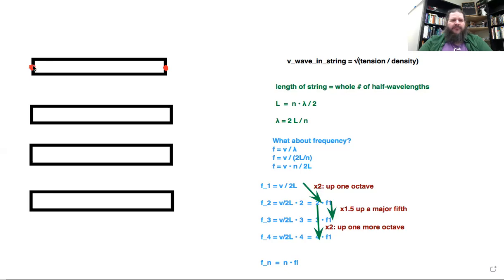The simplest wave would be the n=1 case, which ends up looking just like what we had before. Nodes on the ends, antinode in the middle. Then for the n=2 case, we still need to have zero probability at the endpoints. But we could also make things more complex by having a single node in between.